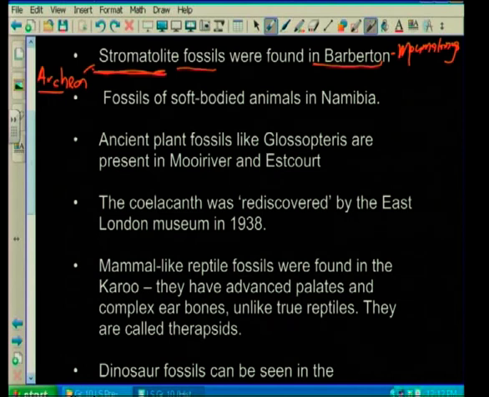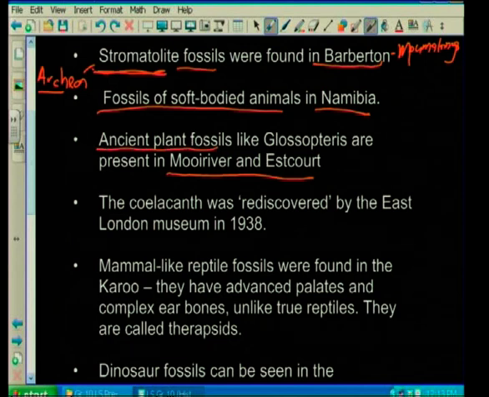in the Archean period. We also have in Namibia, which is part of Africa, fossils of soft-bodied animals that we found. We have in KwaZulu-Natal, Mooi River and Escort, that forms part of KwaZulu-Natal, ancient plant fossils called the Glossopteris.